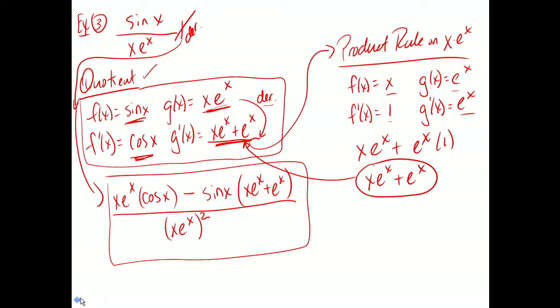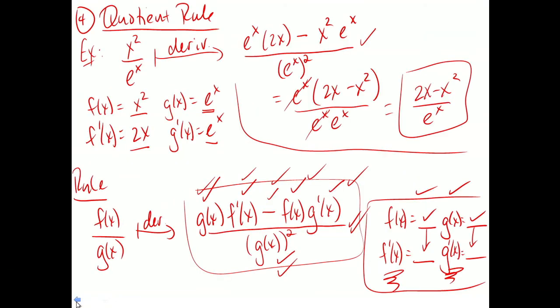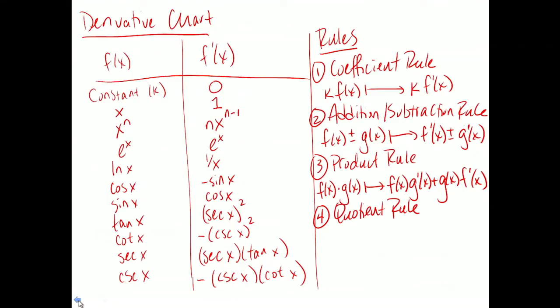All right, so before I push stop on my video here, I should do what I always do at the end, which is to come back to the chart and fill in this newfound rule that we just did, which is the quotient rule, which says if you have one function divided by another function, then here's your answer.